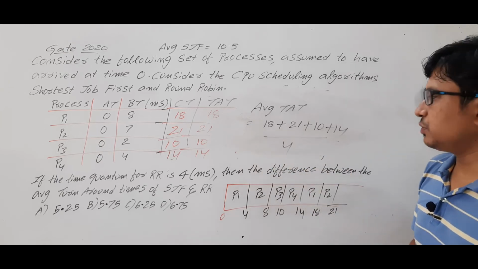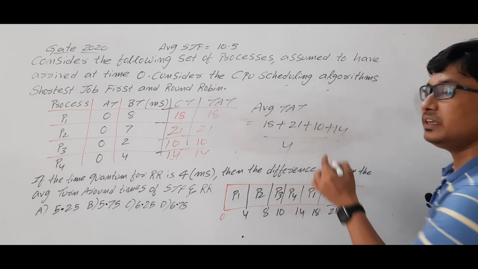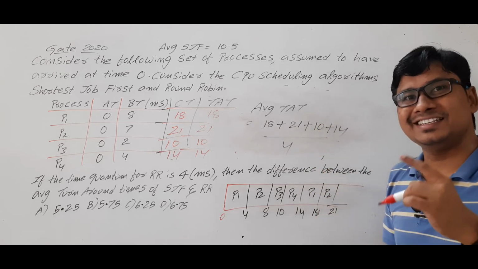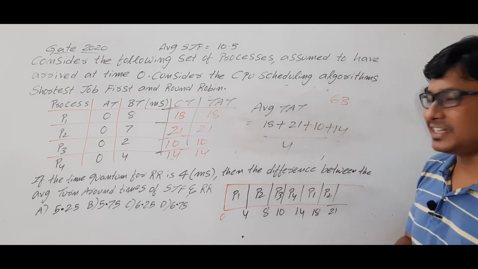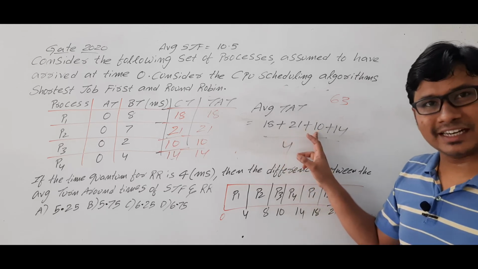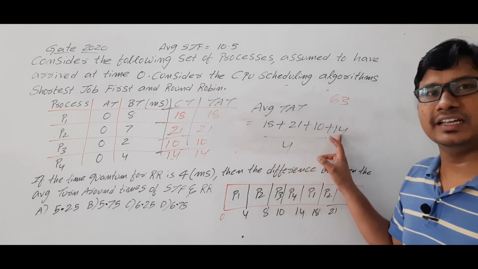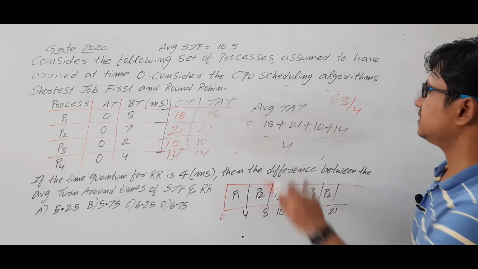Now 18 plus 21 is 39, 39 plus 10 is 49, 49 plus 14 is 63. Are you able to understand? I did not use any calculator. 63 by 4, which is how much?